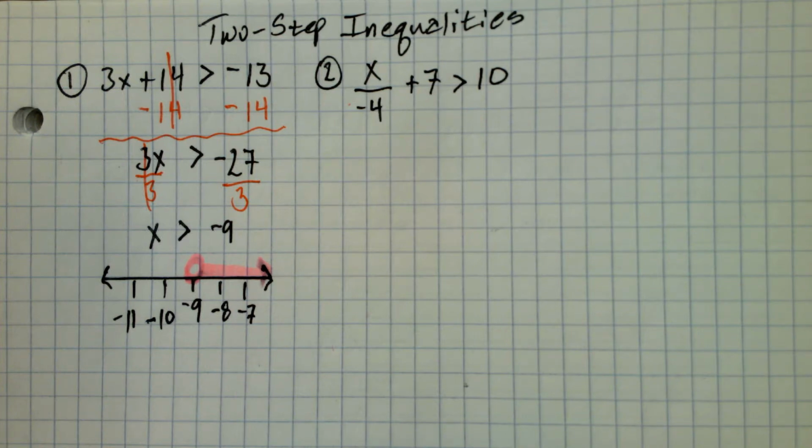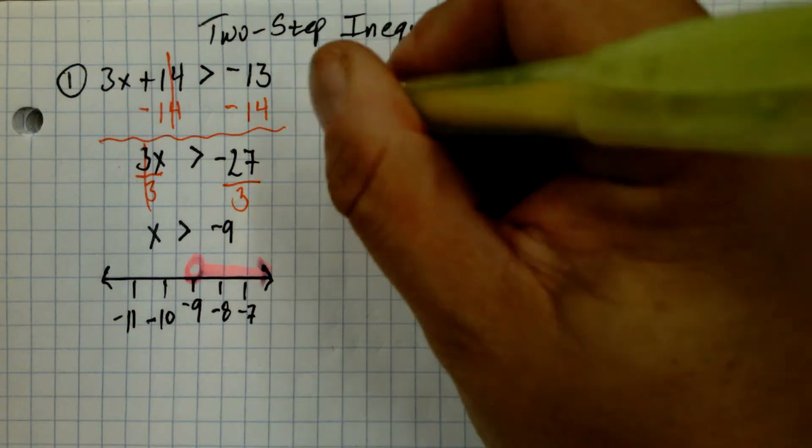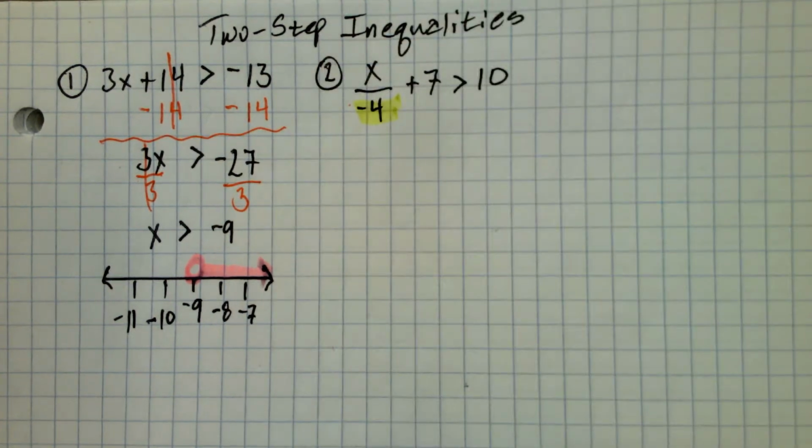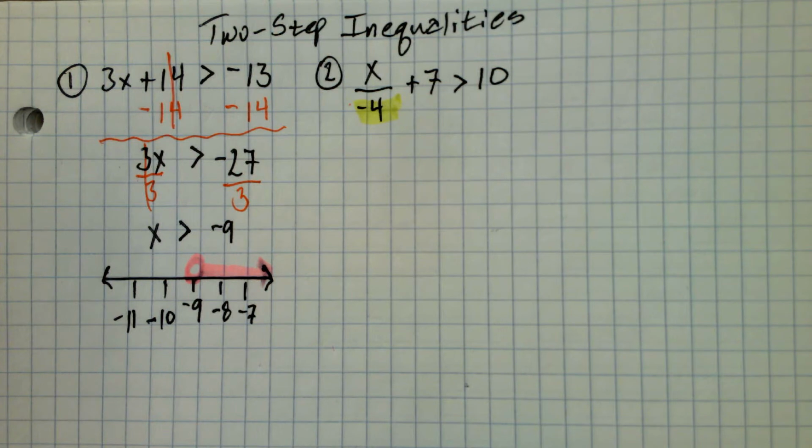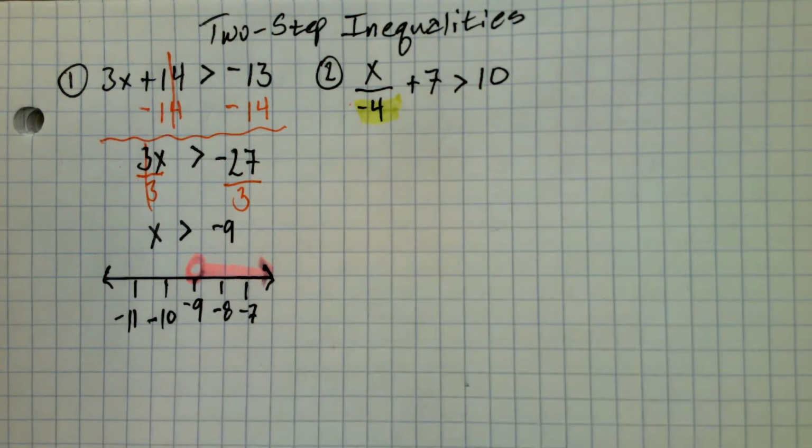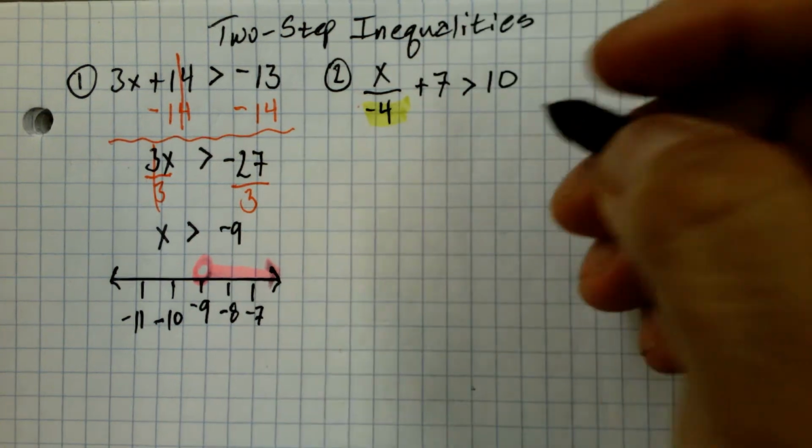Look over your inequality and check and see if you're going to multiply or divide by a negative ahead of time. Do you notice that it's dividing by negative 4? So eventually we're going to have to multiply by negative 4. So I know that this sign's going to flip already at some point. Let's get to it.